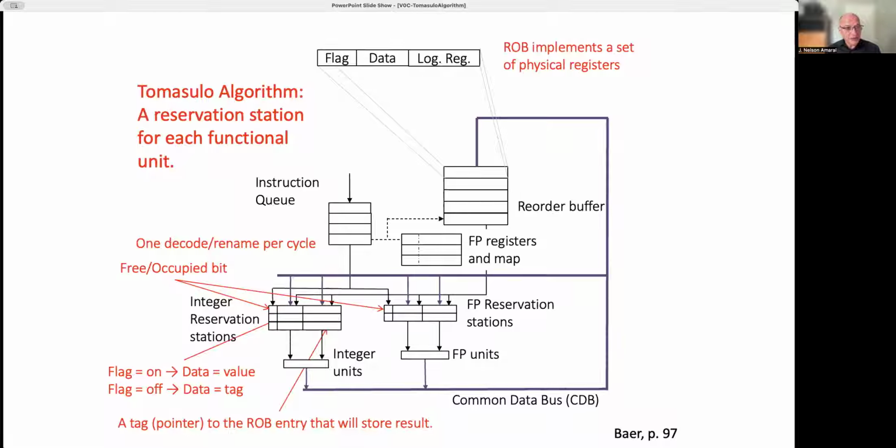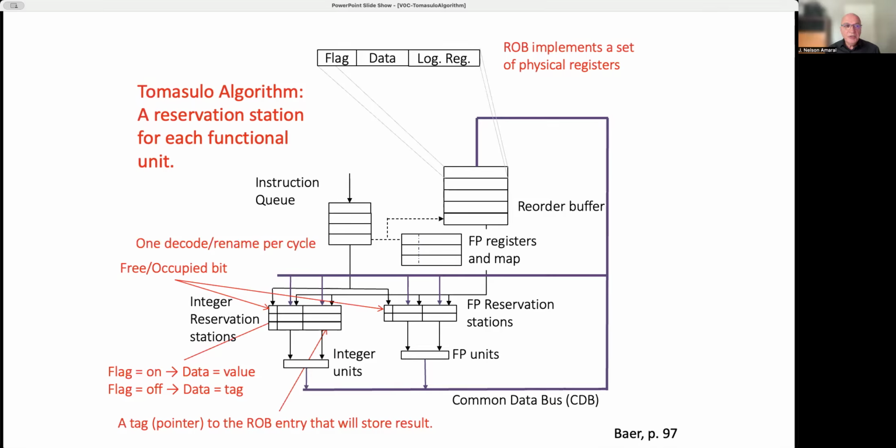So when that broadcast happens, the reservation stations will be watching the common data bus, and if the flag that's currently being broadcast is the operand for any of the instructions that sit in the reservation station, that value will be captured, and the flag for that value will be changed from off to on, because now we have the value.